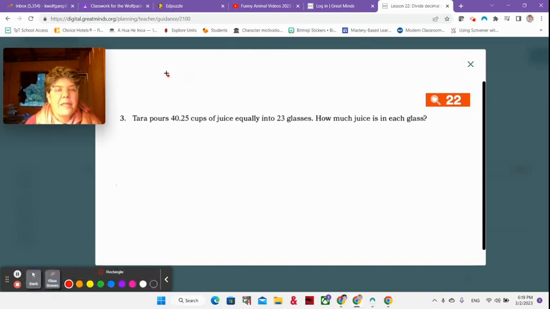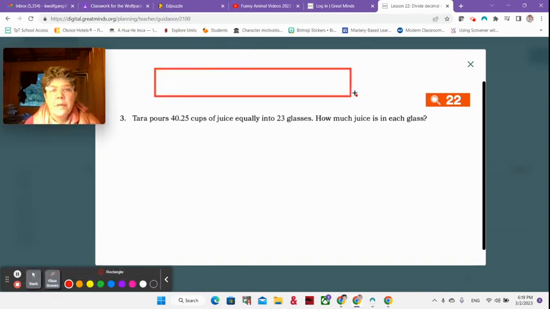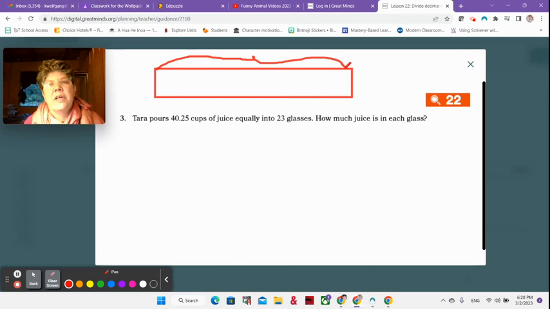So let's make a tape diagram. Make sure on the page you are doing this with me. Okay, so how much do we have all together? We have 40 and 25 hundredths cups.